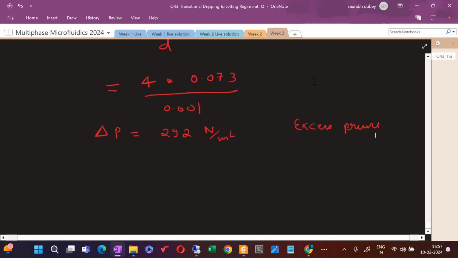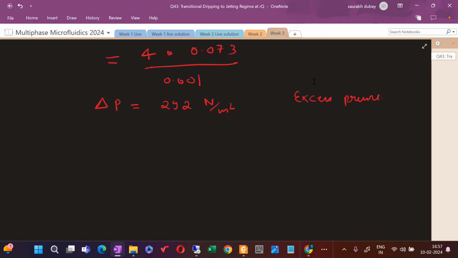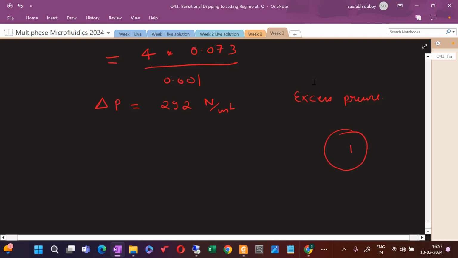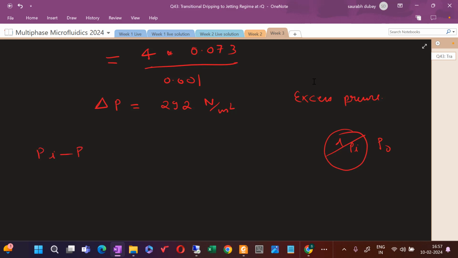If you want to write it, this is a drop, with P inside and P outside, and diameter D. So P inside minus P outside, the excess pressure, is 292 Newton per meter square.